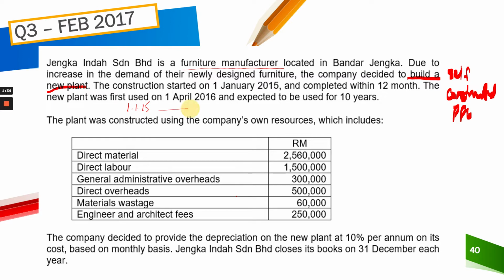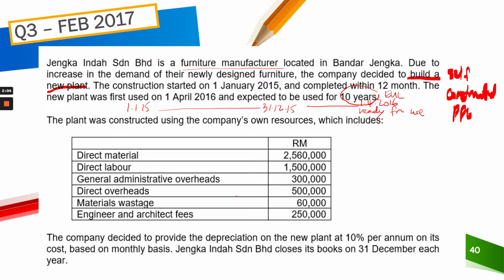So basically it was somewhere here, 31st of December 2015, but it is only ready for its use on 1st of April 2016. And that is expected to be used for the next 10 years. So this is the expected useful life.